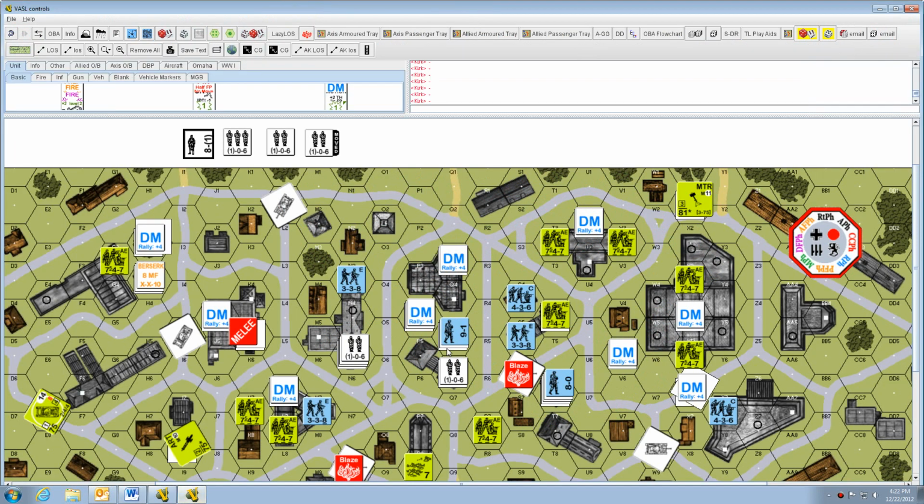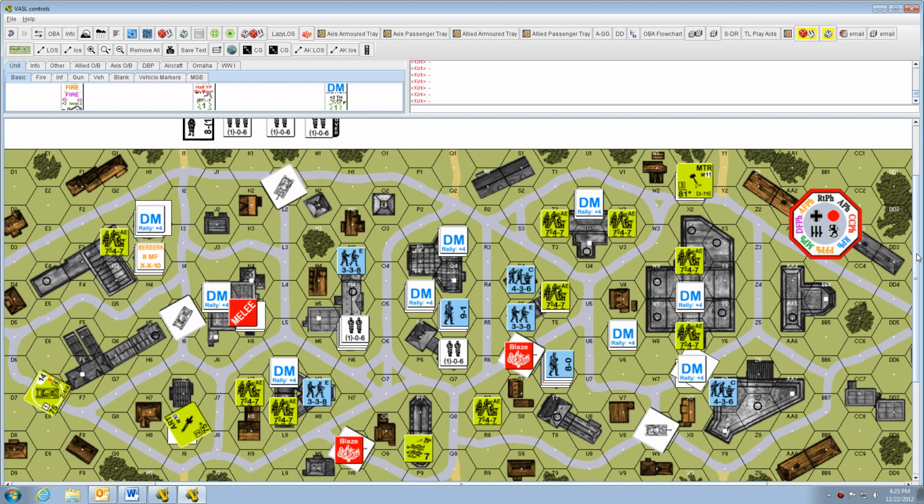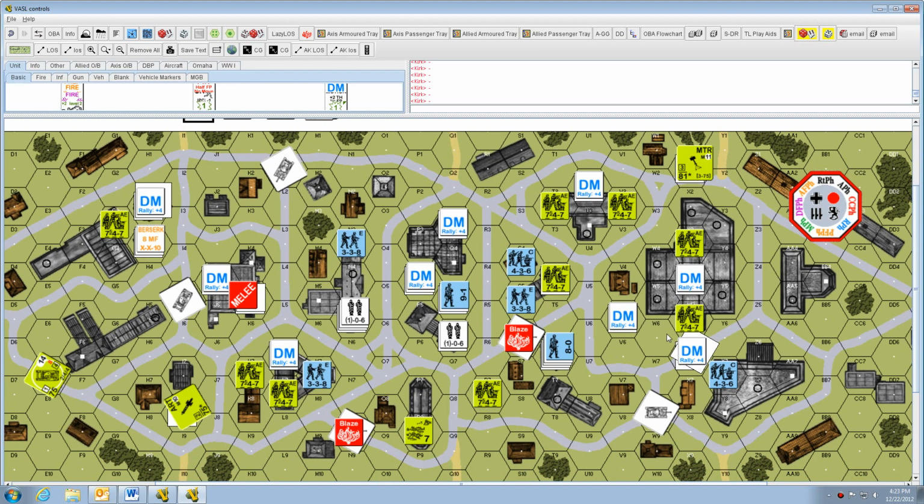Okay, so let's look at a few examples. Now, as you can see by our phase disk, it's the rout phase, it's the Axis player's turn. We have quite a few things going on in here, so let's take it kind of slow and show you here as just a quick overscan.